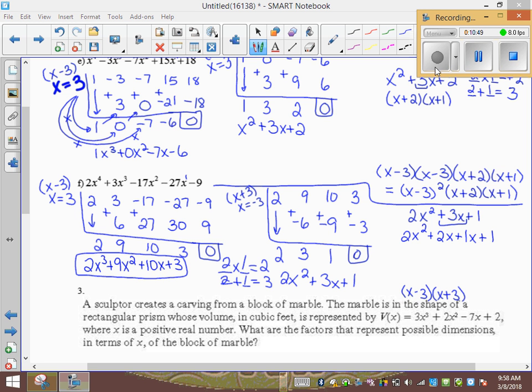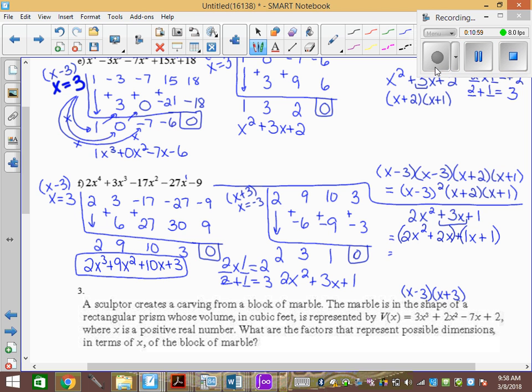What do I do next? Group. So when I take out of the first bracket a 2x, I'm left with x plus 1. The back bracket is already x plus 1, so what do I have to take out? 1 out. Look at these two separately. What can I take out of both of them? X plus 1.